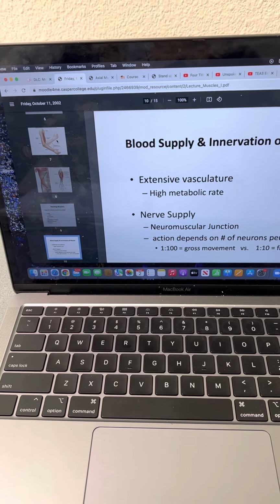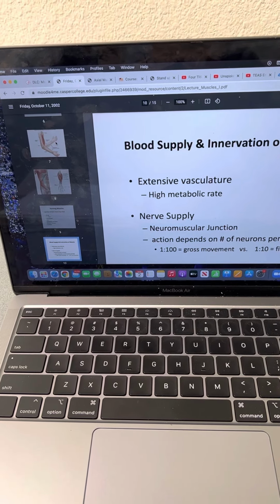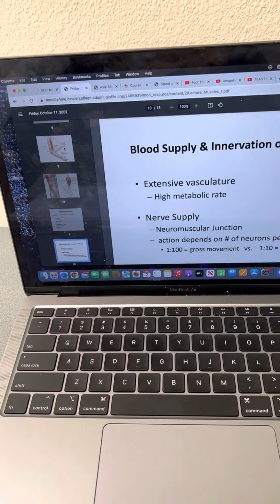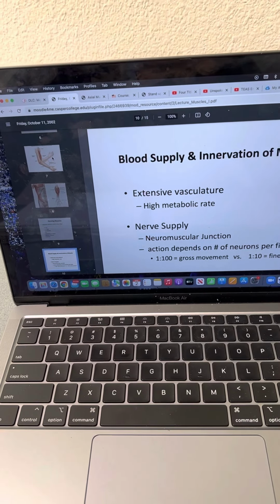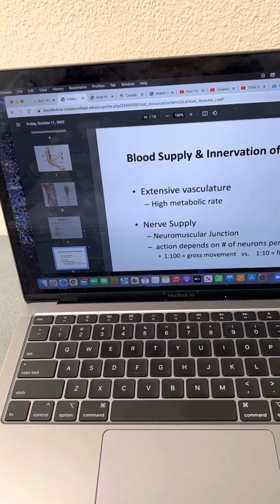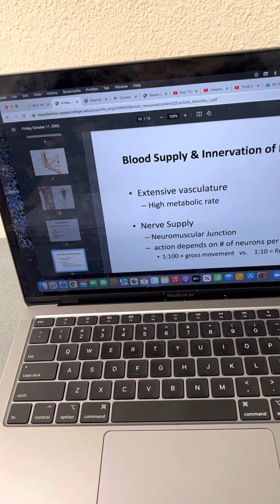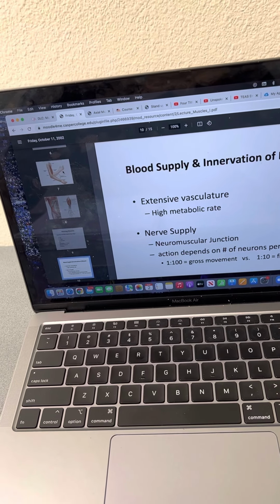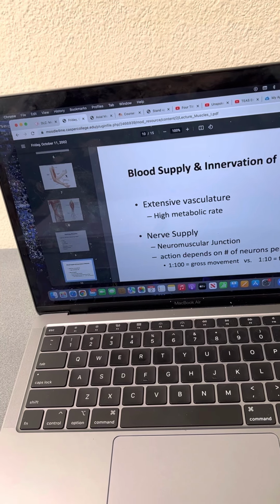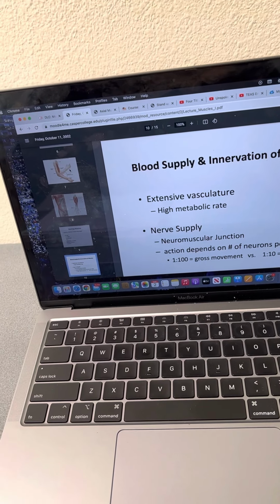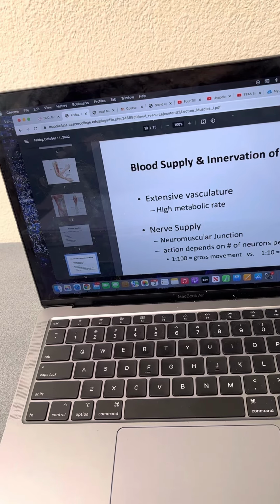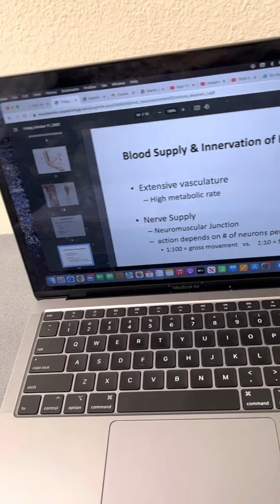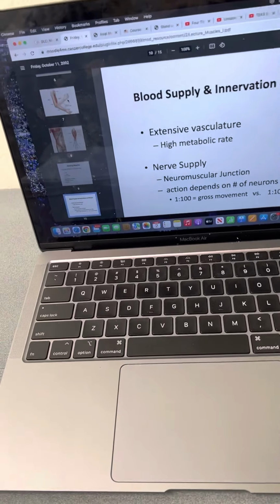Action depends on the number of neurons per fiber. 1/100th equals gross movement, versus 1/10 equals fine movement.